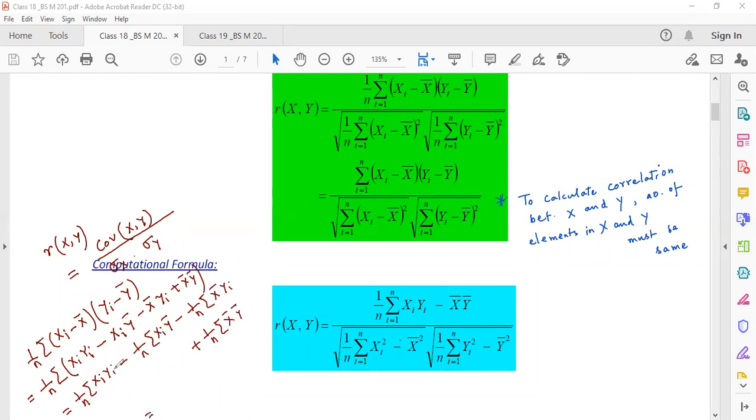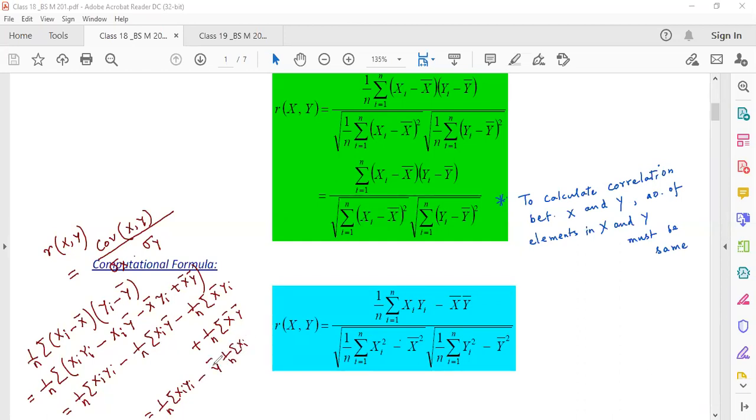Now 1 by n summation xi yi will remain the same. And you know y bar is constant, so we can take this y bar outside the summation sign.